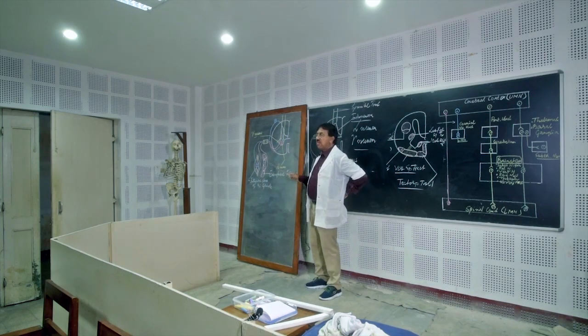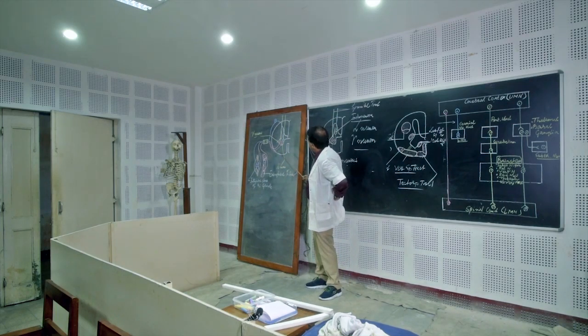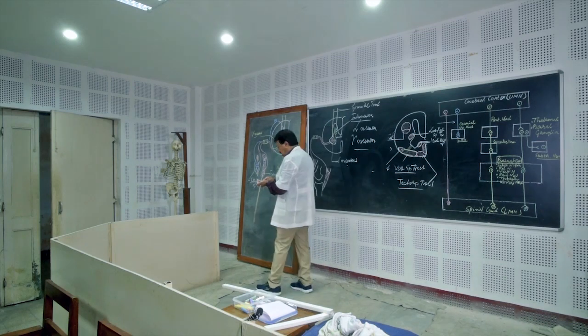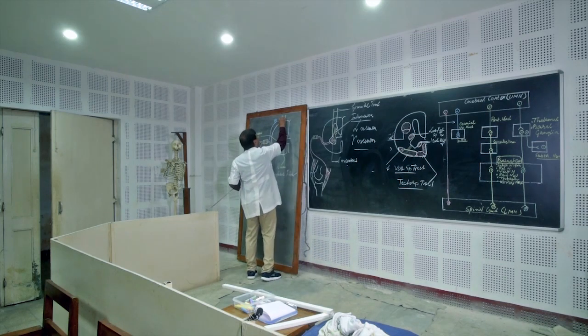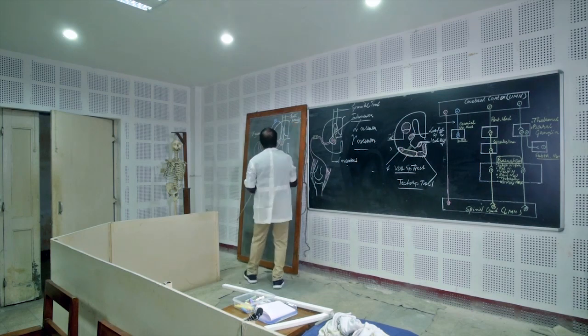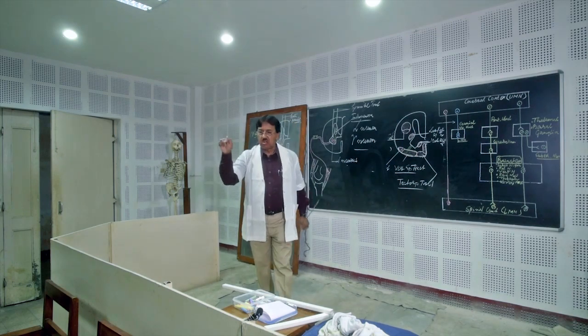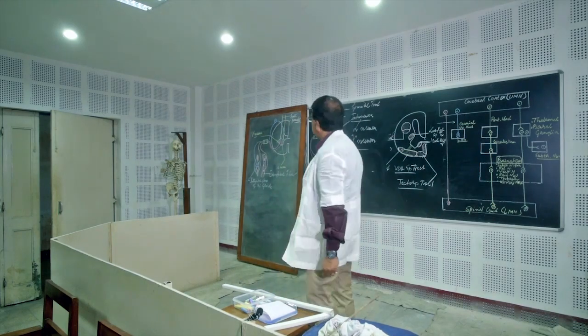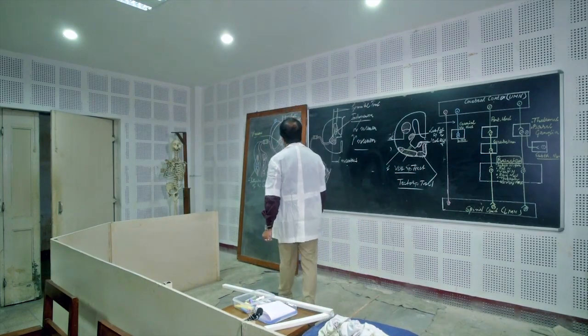So this is the normal activity of the gamma neuron, which is restricted by these extrapyramidal tract fibers. This is the extrapyramidal tract, which has a regulatory action on the gamma motor neuron.